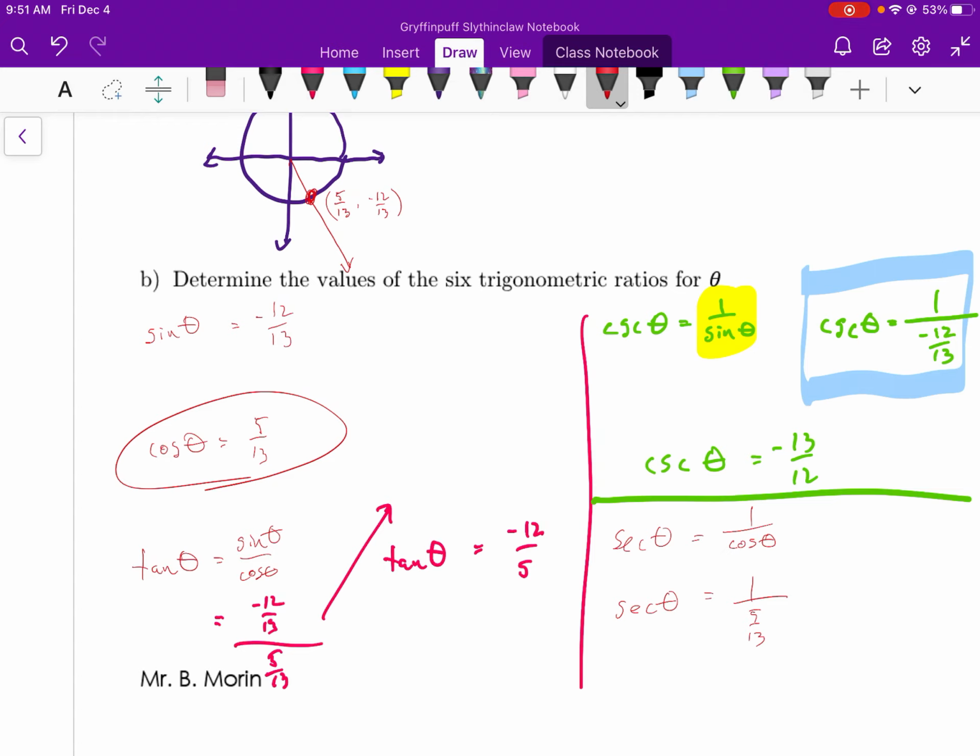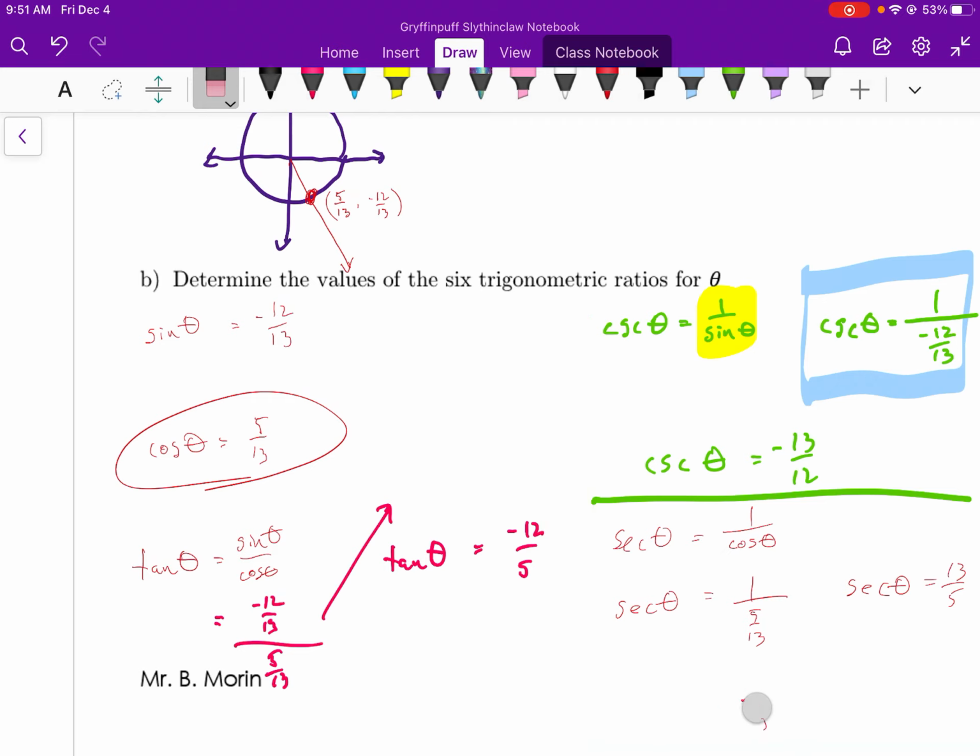And when you simplify that, we would get secant theta is equal to 13 over 5. Now, if you're wondering how we could quickly do that, I'm just going to erase this work here. 1 over 1 divided by 5 over 13. You would multiply by the reciprocal of the denominator, and you'd end up with 13 over 5.